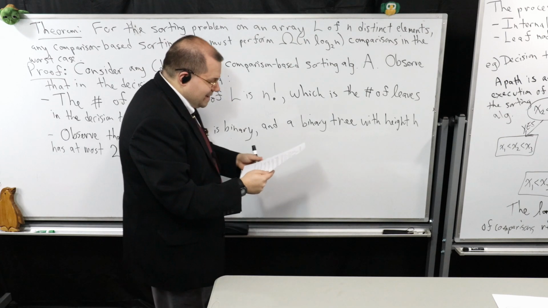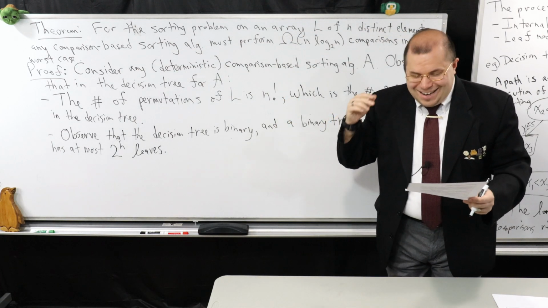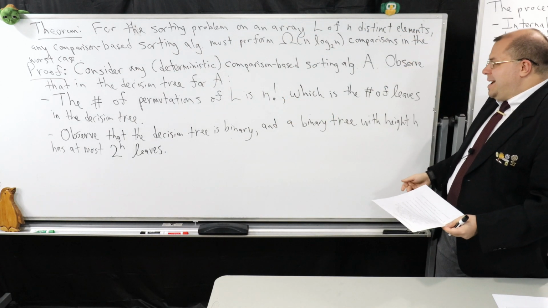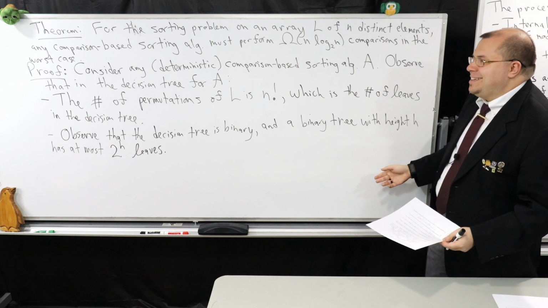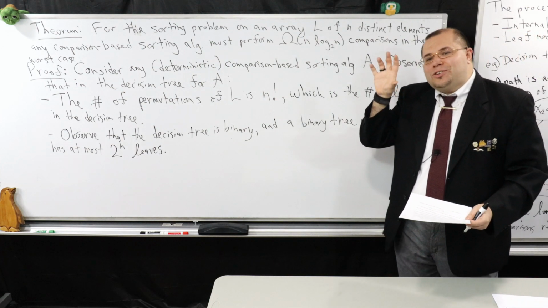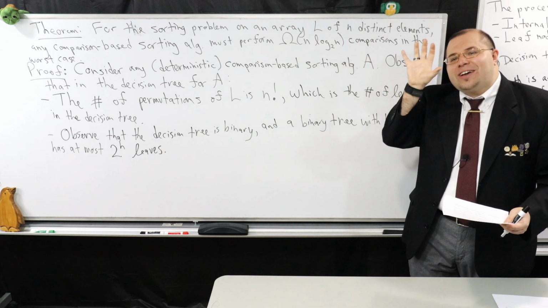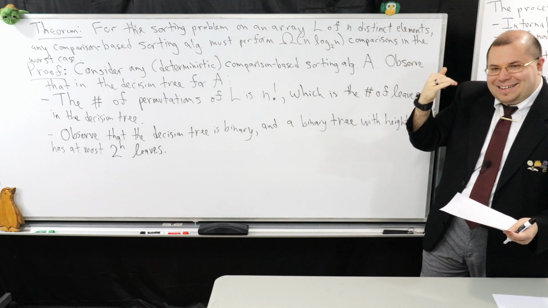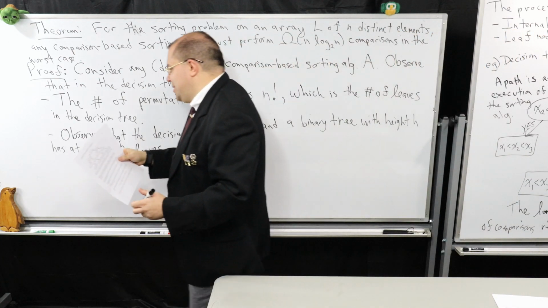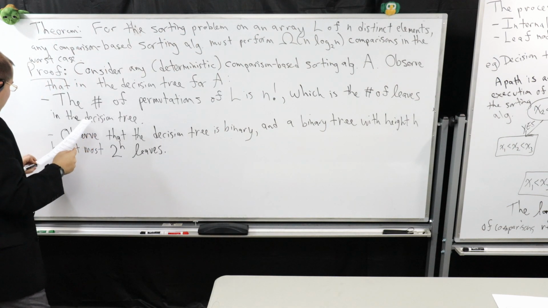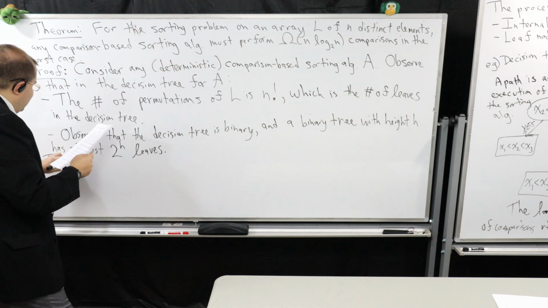Bam. Is that nice? Now this is where it gets fun. At first you might say, Dan, why the heck are you bounding the leaves like this? Well, I'm going to use logarithms to effectively bound the height in a special way. We're going to use this trick in the future, but I'll just show you here.